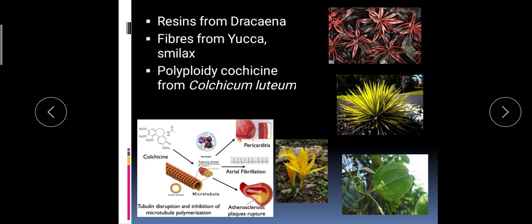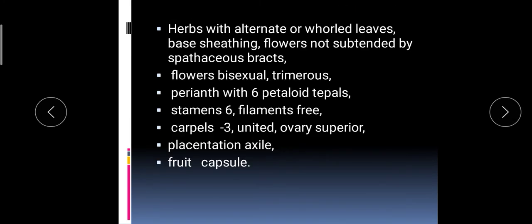This polyploidy is a well-known application in cytology. You can induce polyploidy by arresting the action of the spindle fibers when you use the chemical colchicine. That chemical colchicine is available from the plant Colchicum luteum, which belongs to Liliaceae. So that's also a very important application of the plant.